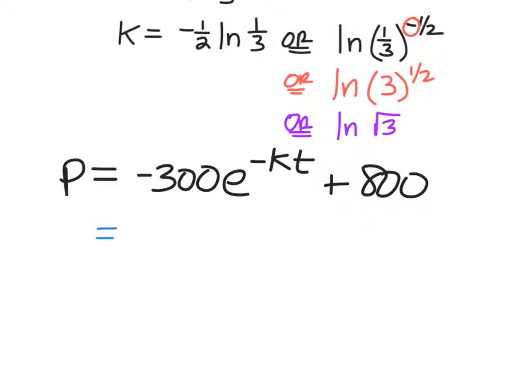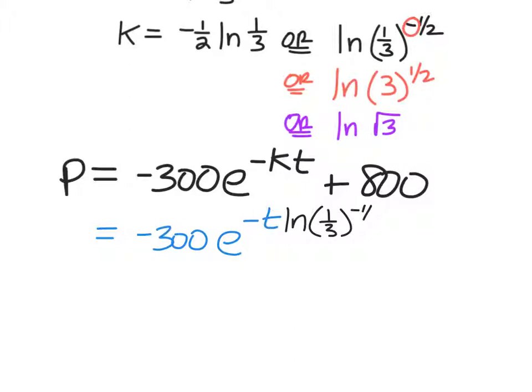That's going to allow me to clean it up even further because the negative would offset the negative that was there to begin with. So I'd have negative 300 e to the negative, instead of kt, I'm going to write t, and then I'll put my k there of ln 1/3 to the negative 1/2.